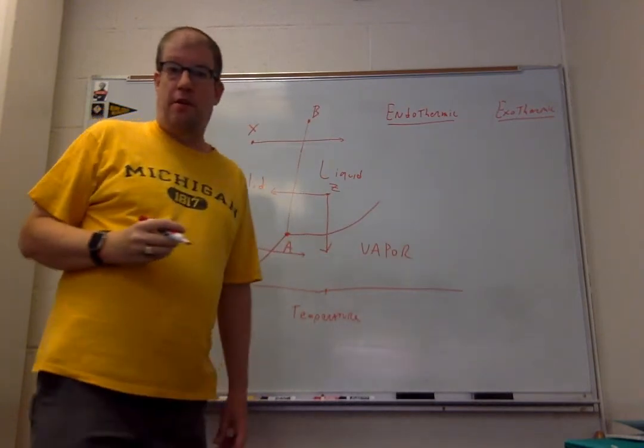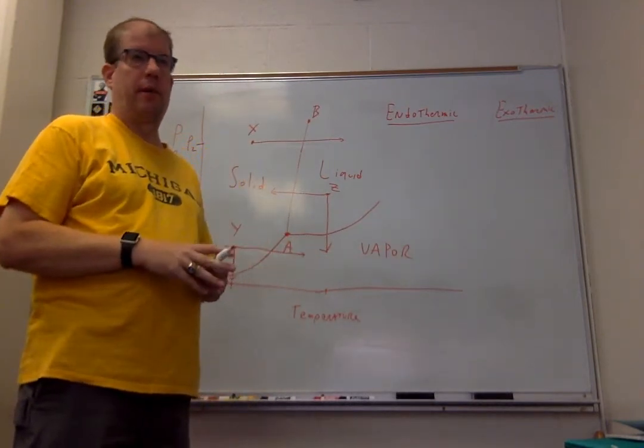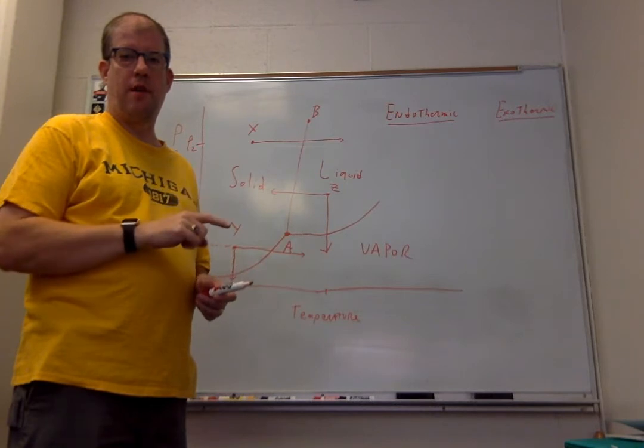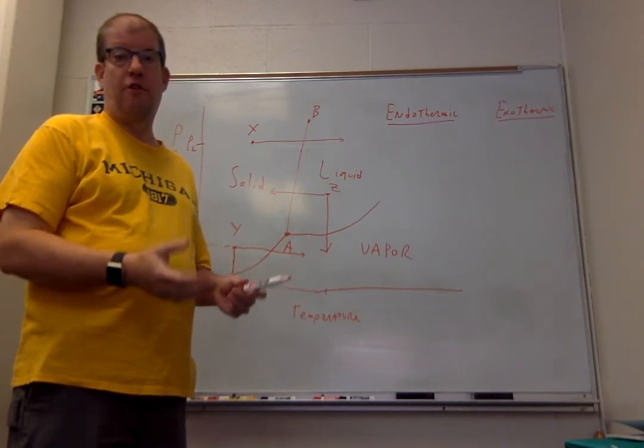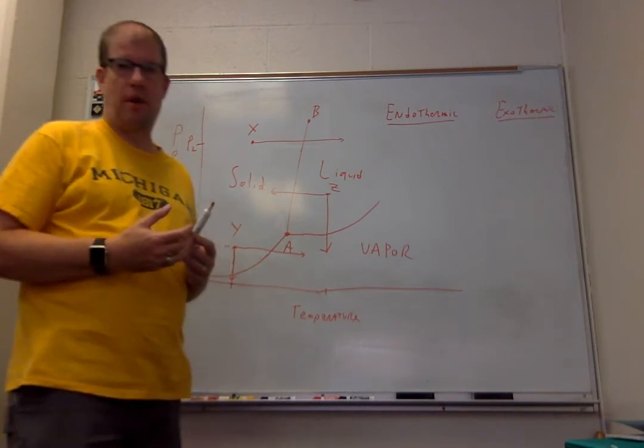These phase changes can be endothermic or exothermic. Endothermic means you have to put energy in for the phase change to happen. Exothermic means you have to take energy out to make the phase change happen.